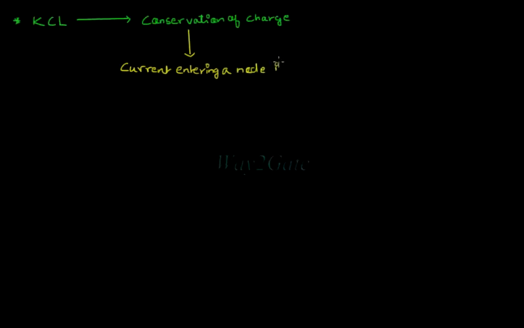In KCL, we have conservation of charge, where current entering a node is equal to the sum of current leaving a node.